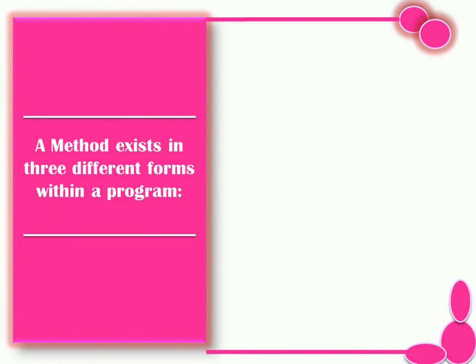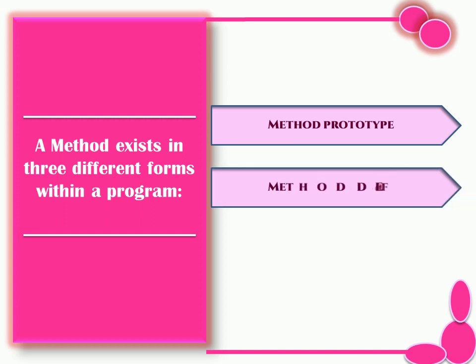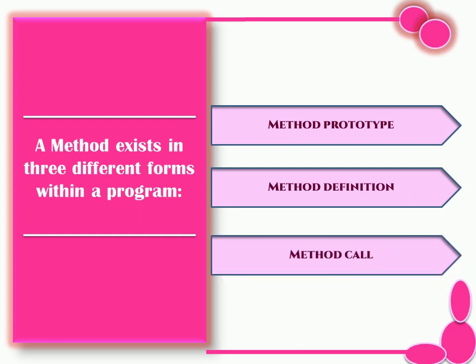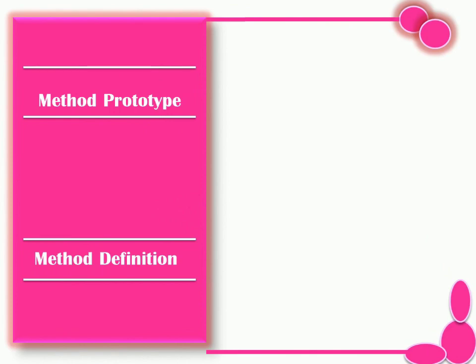Now we will see how methods can exist in three different forms in a program. Number one, method prototype. Number two, method definition. Number three, method call. So these are the three forms used in a method declaration.